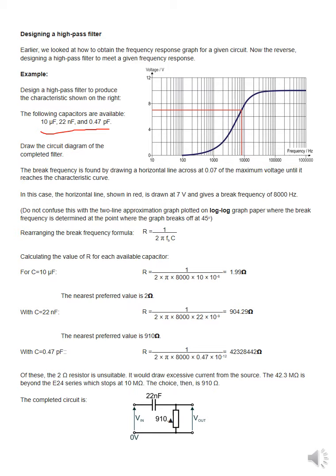If you see, the things are defined and you have to design a high pass filter here. Rearrange the break frequency in this way and try to find out the values. If you are not able to do it, obviously I am going to solve this for you.